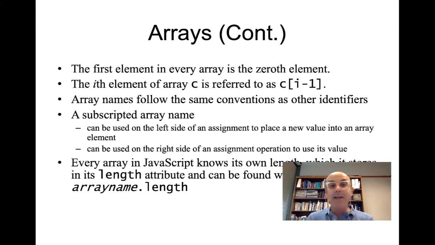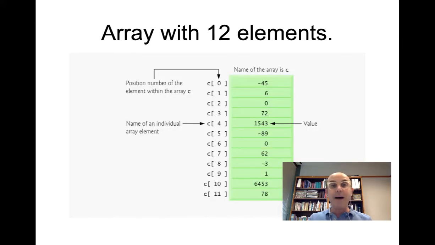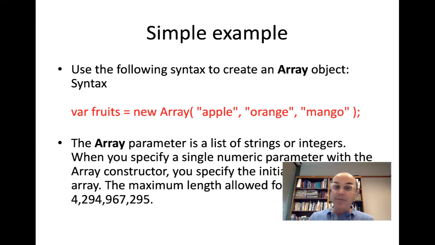So the first element in every array is the zero element, and we often use a zero as a reference inside a bracket. Every time you use it, and I'll show you an example, we can apply an array of 12 elements. Each element can consist of different values, and by doing that, we can apply a new array to apples, oranges, or mango.